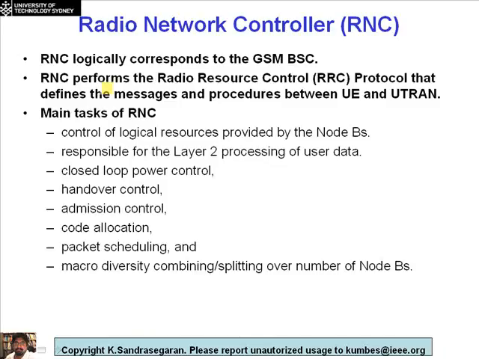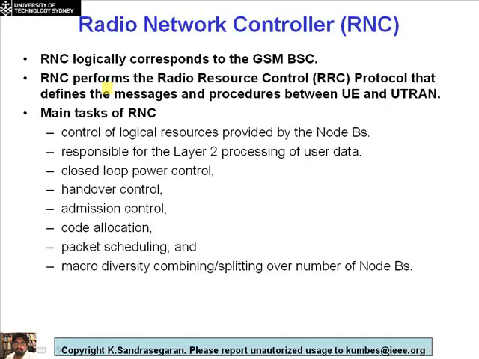The main functions are what are referred to as radio resource management functions: power control, handover control, admission control, code allocation, packet scheduling. These are the main functions that the RNC performs. And then it also does something called macro diversity combining, splitting over a number of Node Bs. I'll explain what that is in a few minutes. So these are the important functions that the RNC performs.